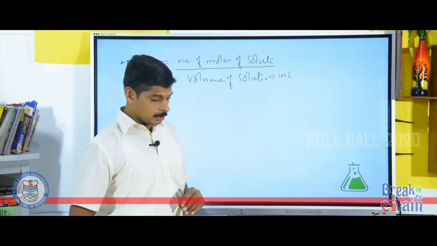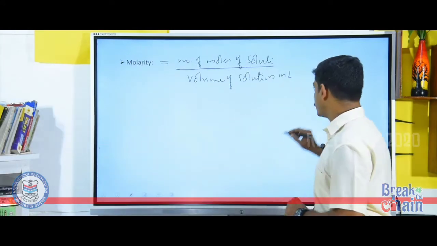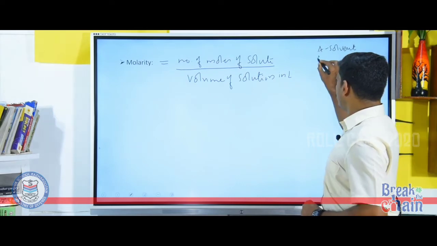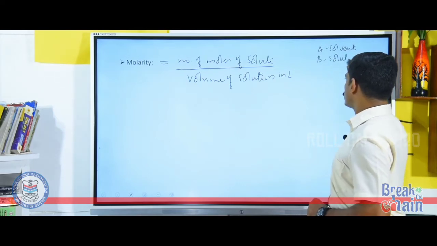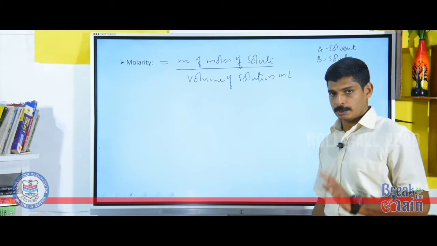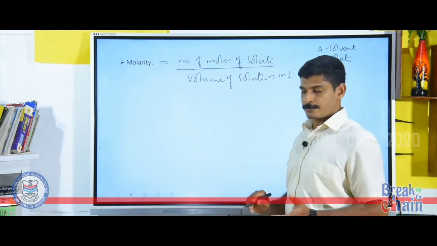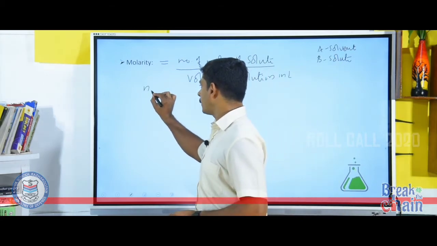Now, if it is a binary component, assume A is the solvent and B is your solute, right. Now, what is the number of moles of solute? Can I write it as NB?